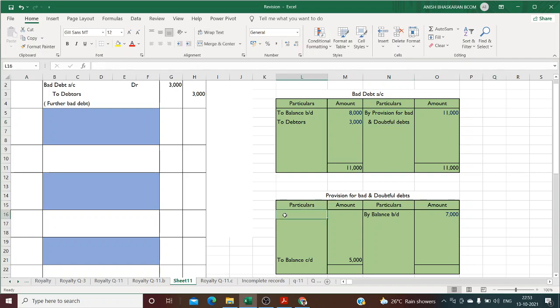Hence, in provision for bad and doubtful debts account, to bad debts, 11,000.